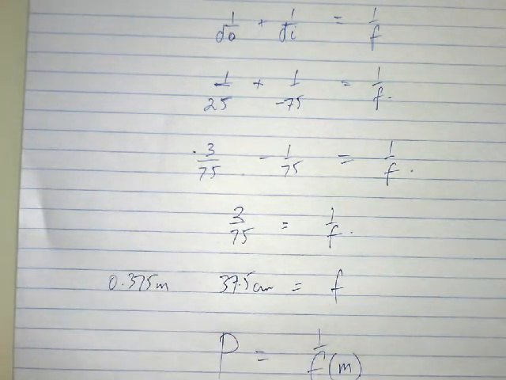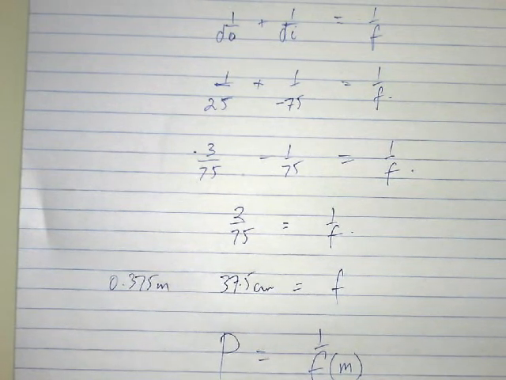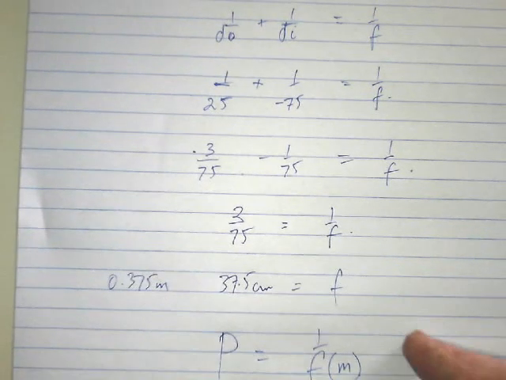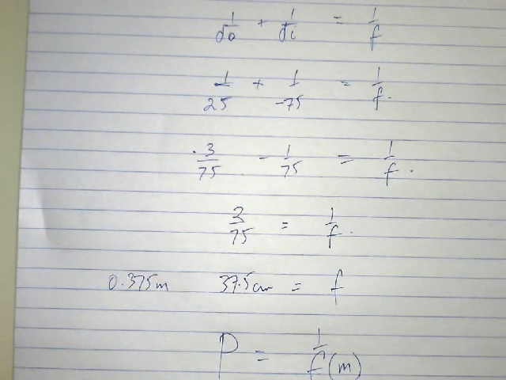And 1 on 0.375, well, if it was 1 on 0.4 it would be 2.5, so it's obviously bigger than that, and when you do the numbers it should come out as 2.7. It should be positive because the focal length is positive; it's a converging lens, not a diverging lens.